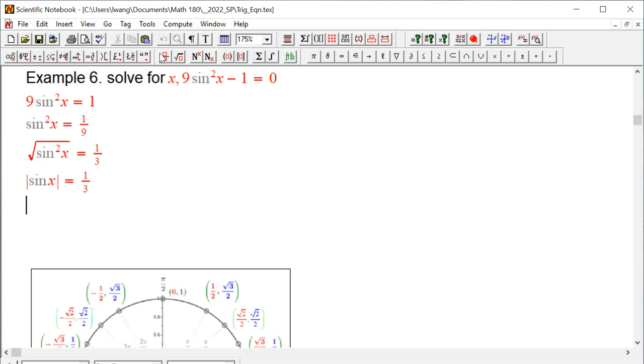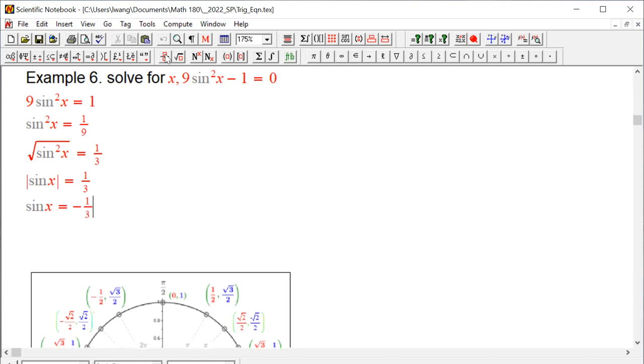Okay, and of course, we get sine x equals negative 1/3 or sine x equals 1/3. These are not special angles, not special terminals, but how do we deal with it? How do we solve these two equations?